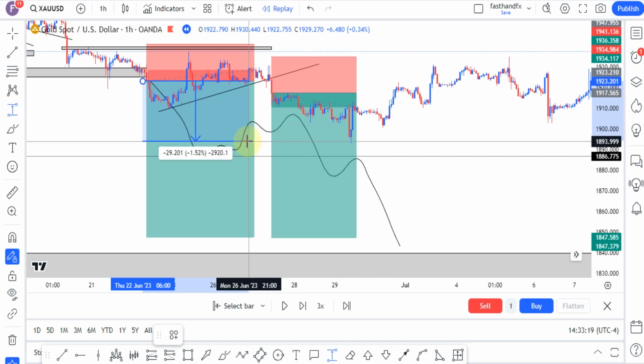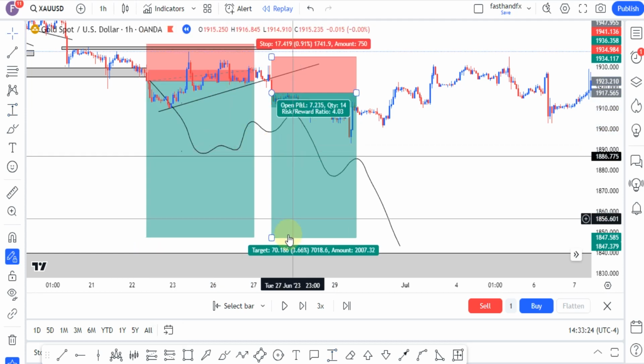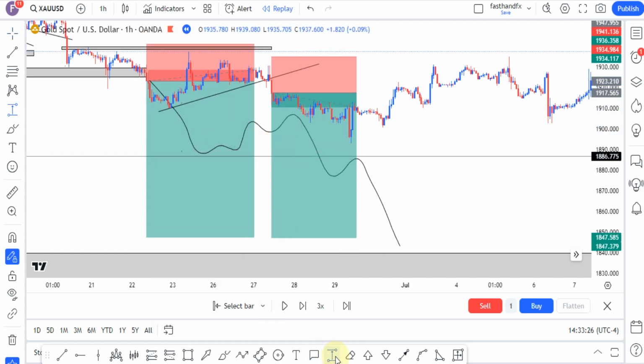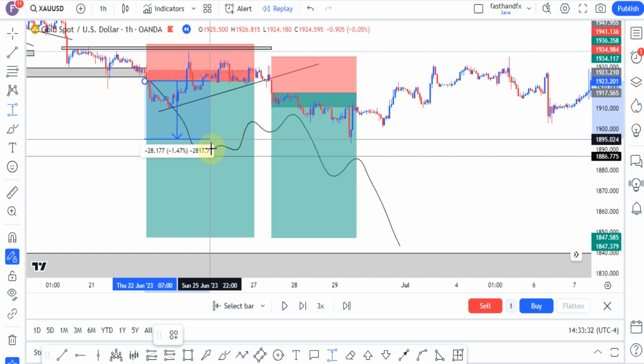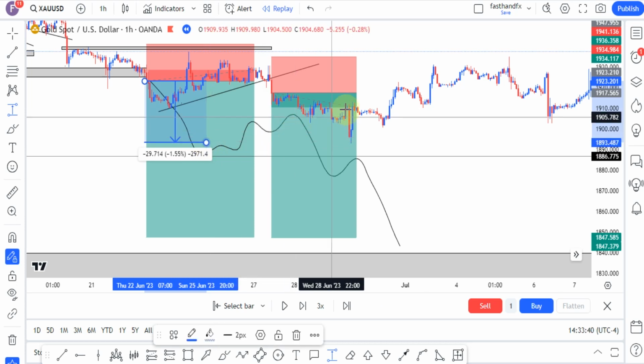That's like 300 pips, and maybe you did add another entry. So from this point, the market came down, gave us like 300. Let's call it 297 pips.